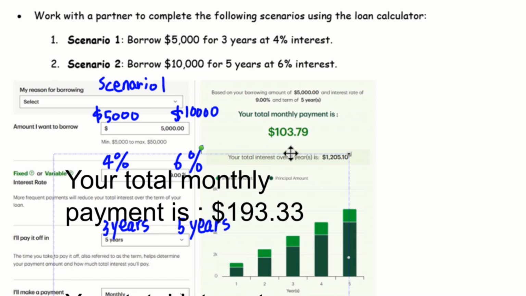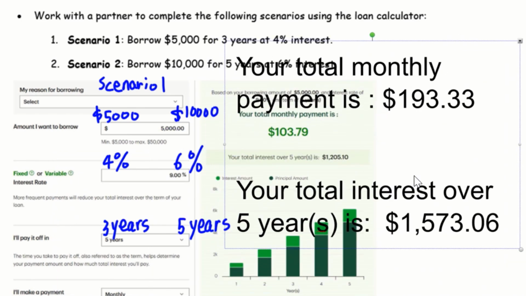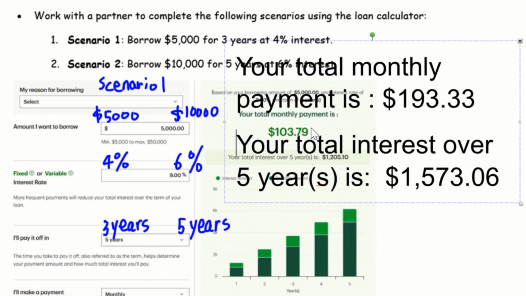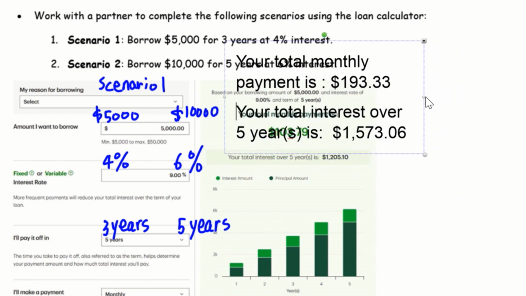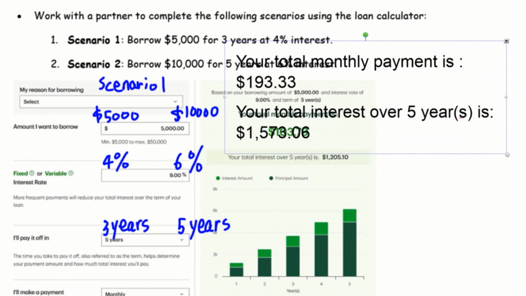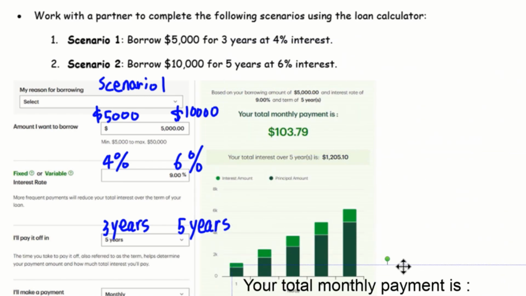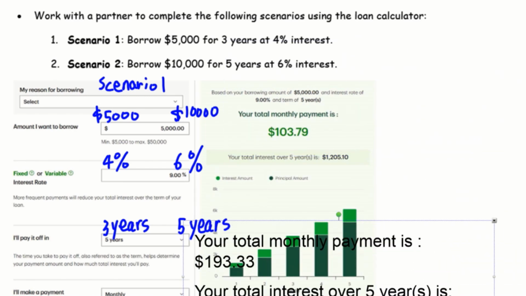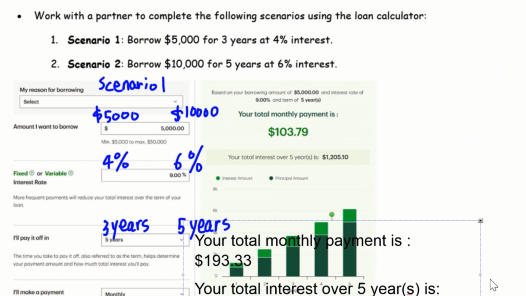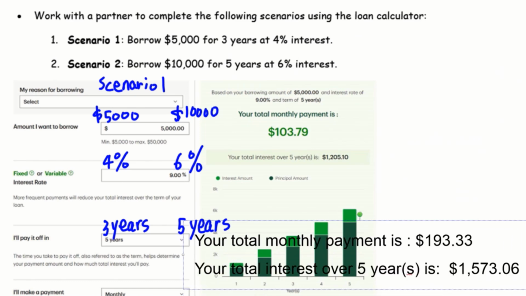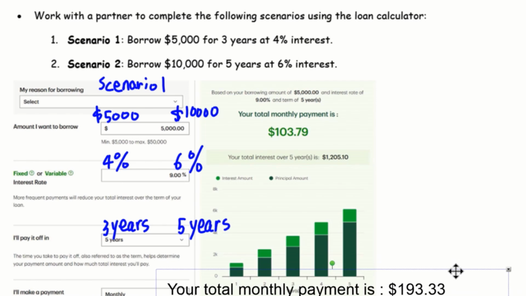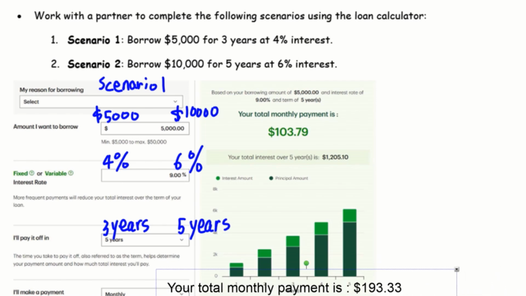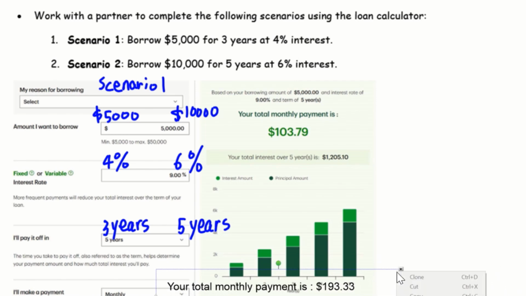Then using the TD online calculator to do the calculation is done. Copy your notes down. This is for the second scenario.